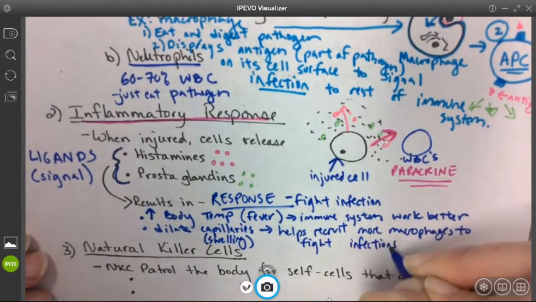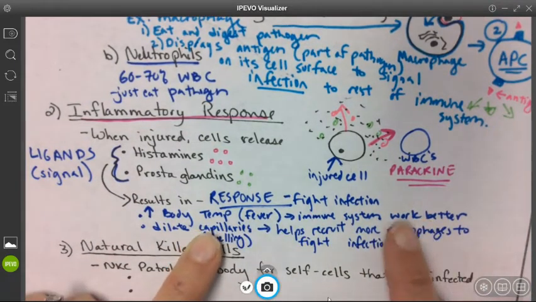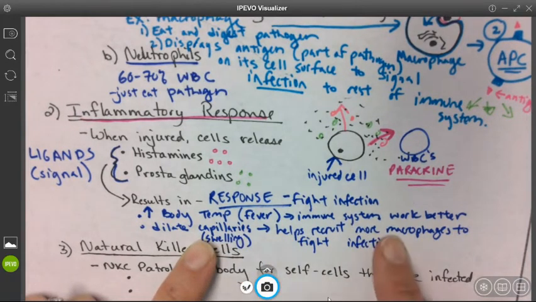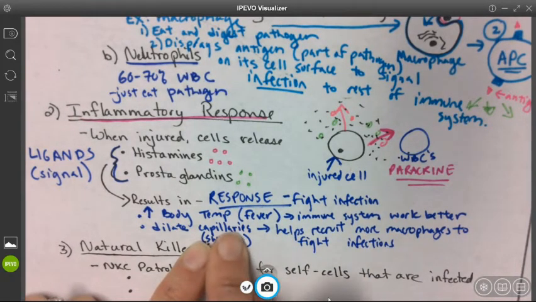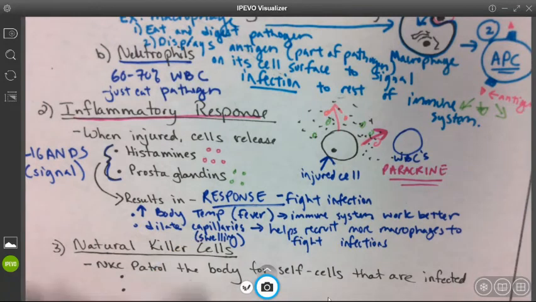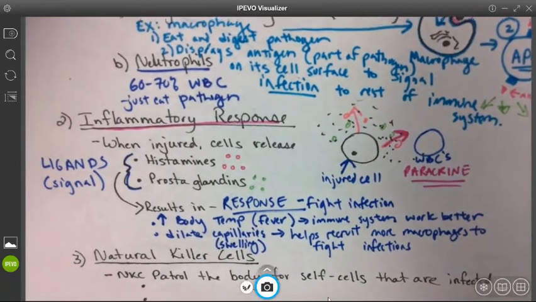So if you have a hot, swollen area, the heat is helping your immune system work better. The swollen part is actually capillaries and other fluid going to that area because of the capillaries dilating and becoming leaky, so that macrophages and fluid can go to that area to help fight this infection off. So that's another part of your second line of defense.